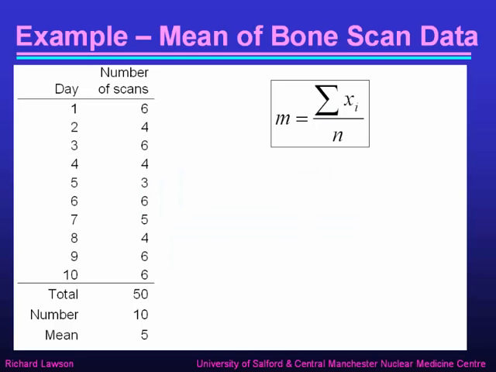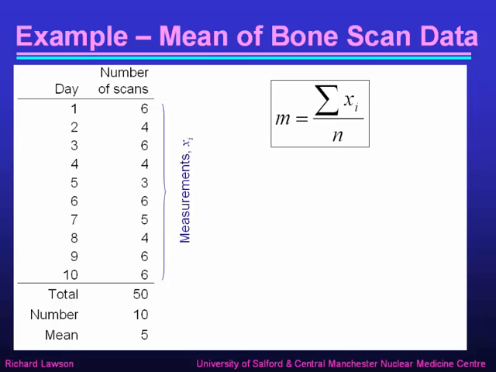Let's see how we can apply our formula to our bone scan data. We've already calculated the mean using the recipe. Let's just apply the formula. The formula says we have to calculate sigma xi divided by n. Here's the number of scans each day, and our measurements xi are the 6, 4, 6, 4, 3 and so on.